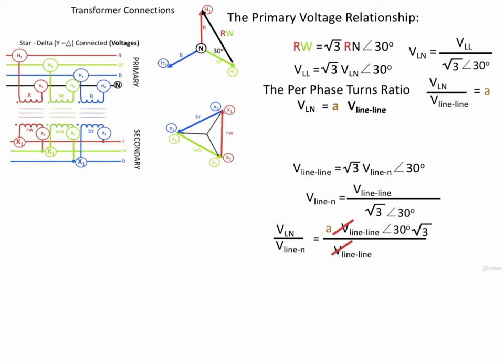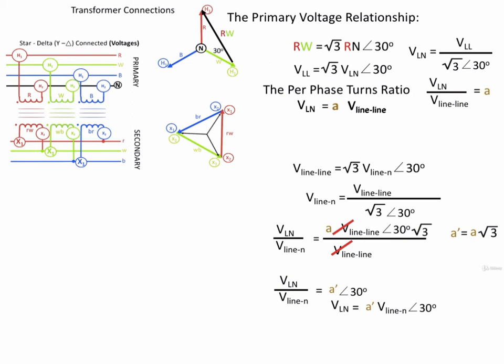Now you can see that we have a voltage line-to-line secondary in both the numerator and denominator, so they can cancel out. And again, I'm going to replace the A root 3 with A primed, and that gives us the equation, the primary voltage line-to-neutral over the secondary line-to-neutral equals A primed at 30 degrees.